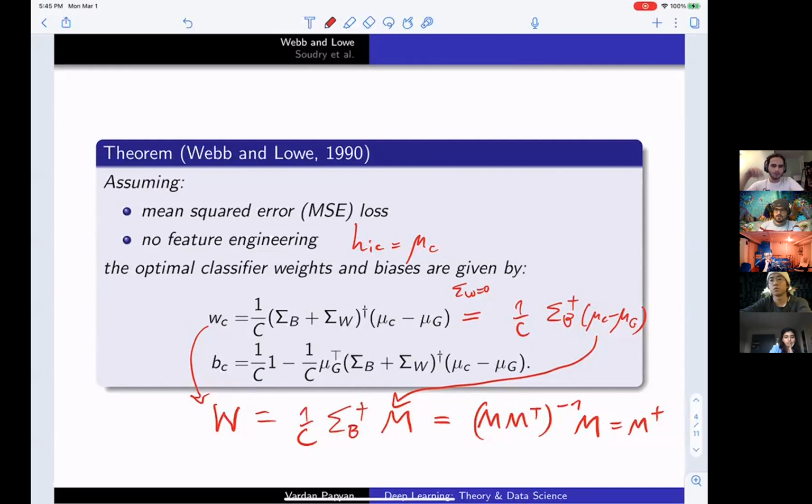Does anyone know what the singular values of M pseudo inverse look like? So if we write M equal to U S V transpose, this is the singular value decomposition, SVD, of M, right? What is M pseudo inverse going to be?